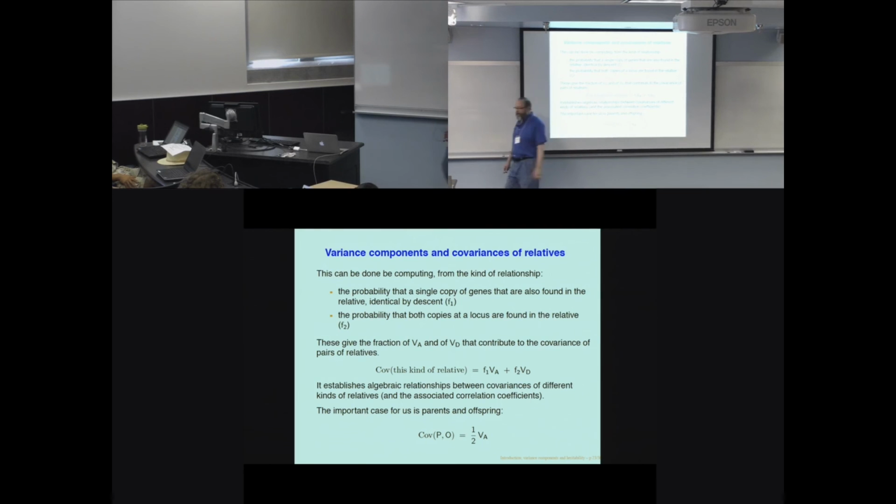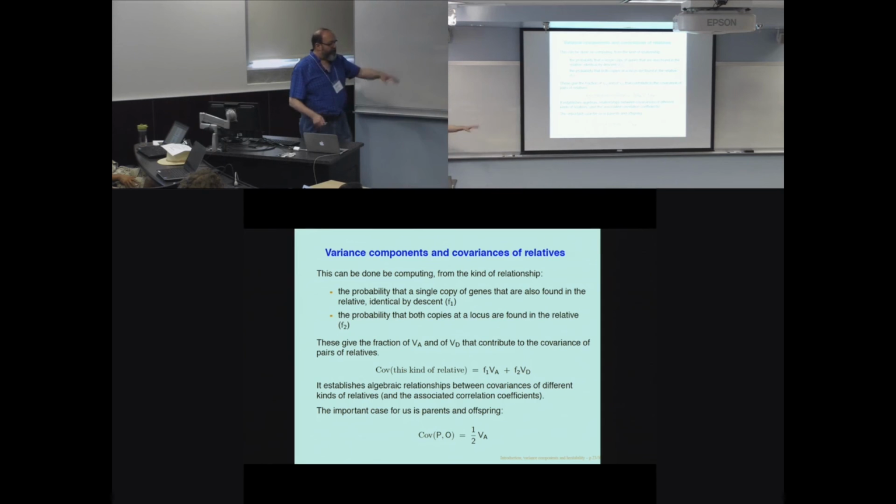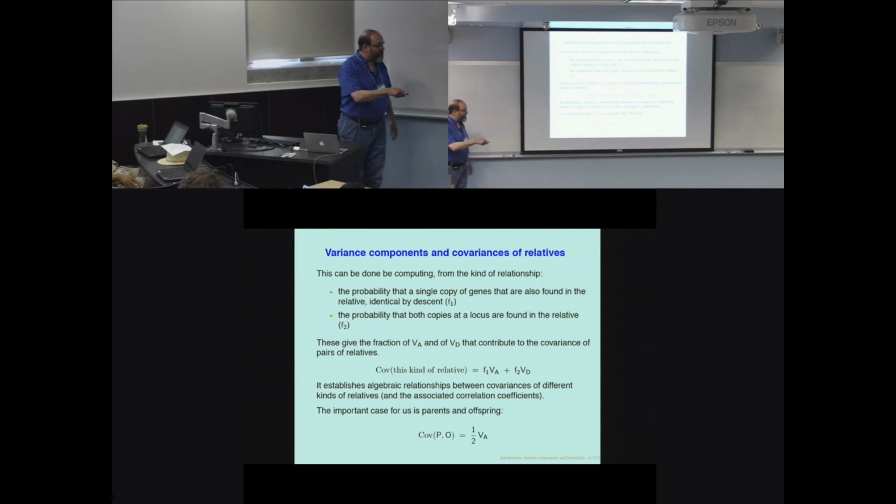Two individuals might contain the same genotype, but if it's not because of the genetic relationship, but simply accidentally, that doesn't bring a term in for V sub D. Okay, so the covariance between parents and offspring is half the additive genetic variance, half the portion of the total variance that comes from the additive terms.